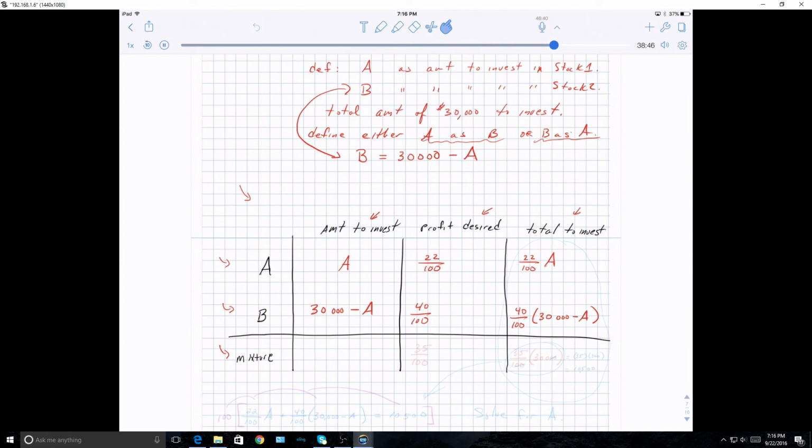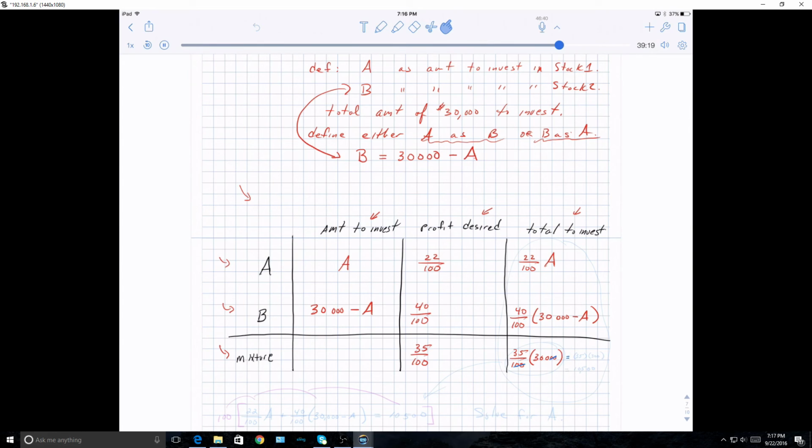And then if we look at what we desire to get, a 35% return on the 30,000, so that would be 35 hundredths of 30,000. The reason I'm writing it this way is because we can see that we're dividing by 100. We're also multiplying by that 100.